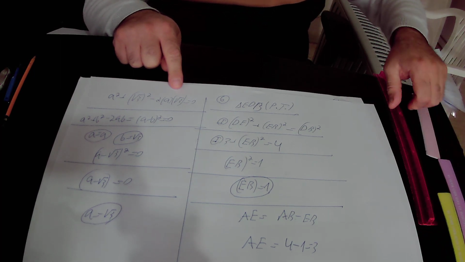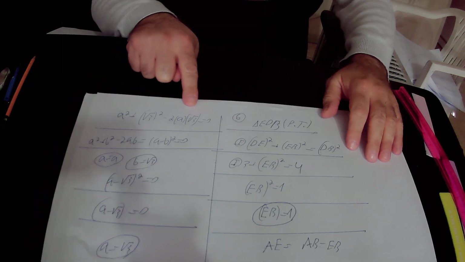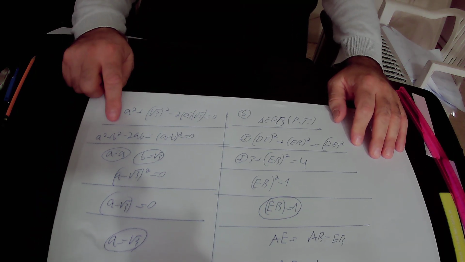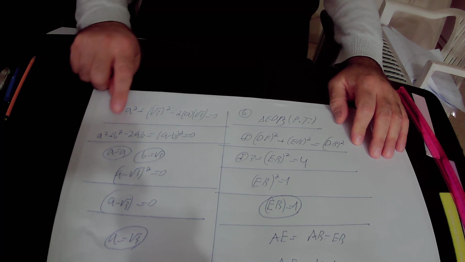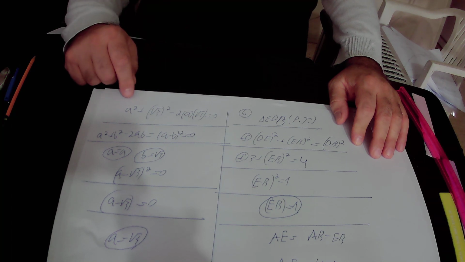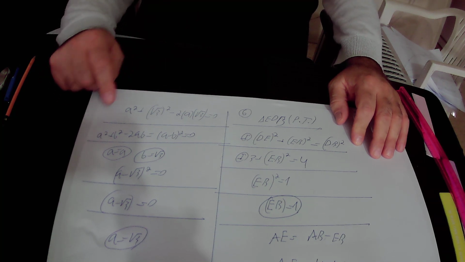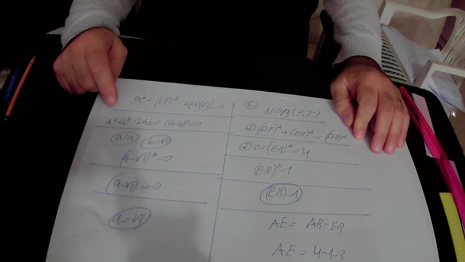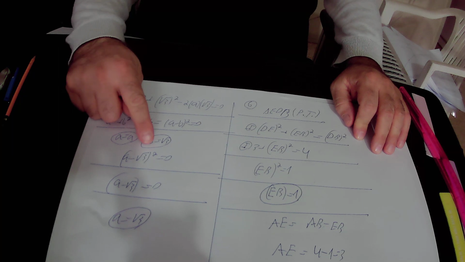This expression is very similar to the algebraic identity that states that a squared plus b squared minus 2ab equals a minus b squared, that equals 0. In our specific expression, a equals A and b equals square root of 3 units, so a minus b squared will be equal to A minus square root of 3 squared, that equals 0.